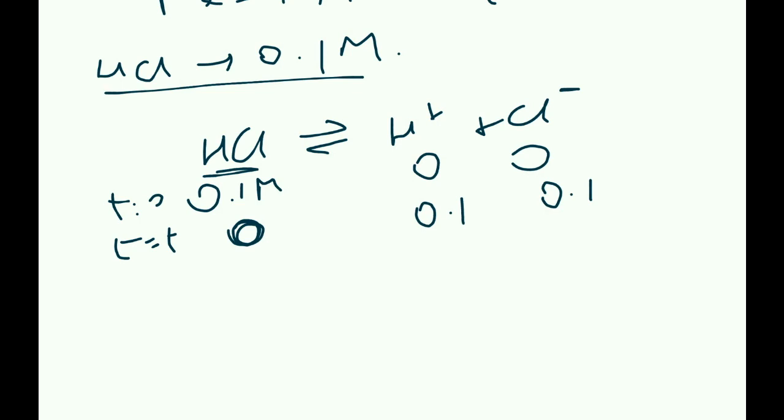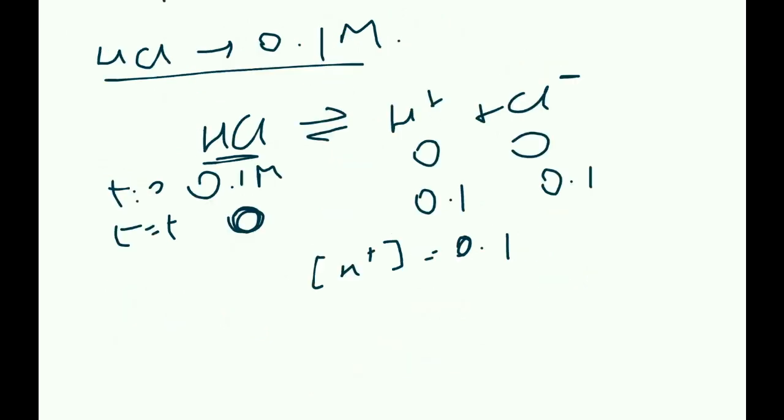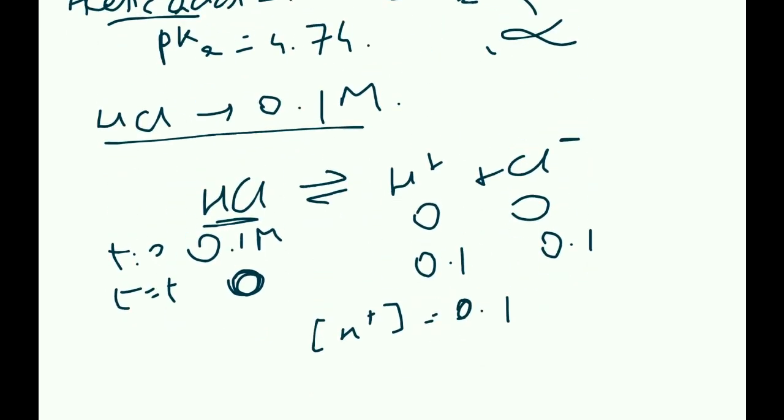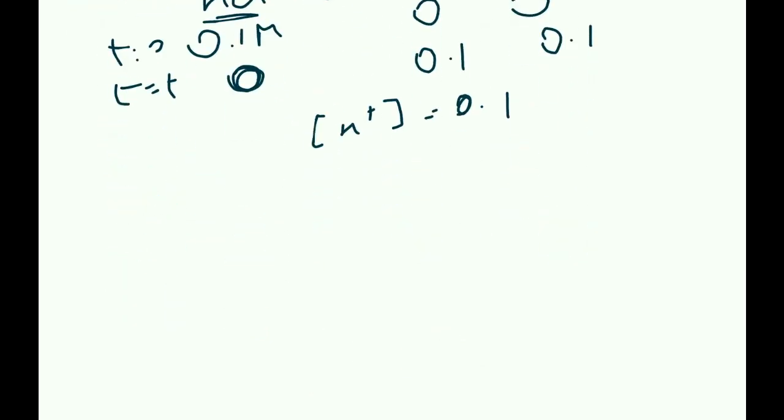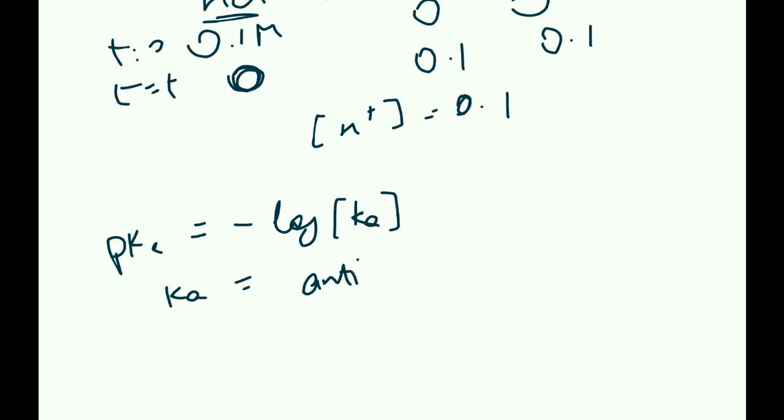So I'm going to take this aside. My concentration of H plus is 0.1, right? And I'm going to use that for acetic acid. So first let's find Ka for acetic acid. pKa, as we know, is given by negative log of Ka, right? So what is Ka going to be? Ka is going to be anti-log of minus pKa, right?